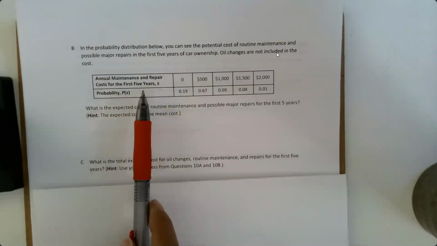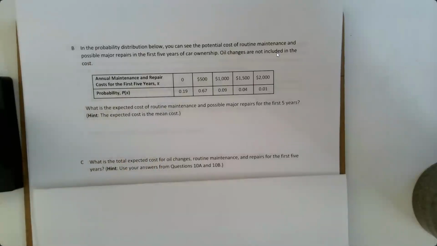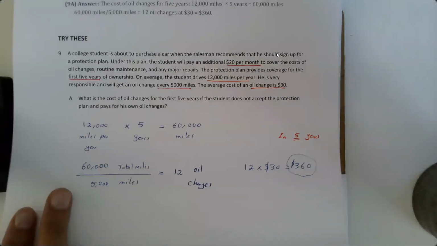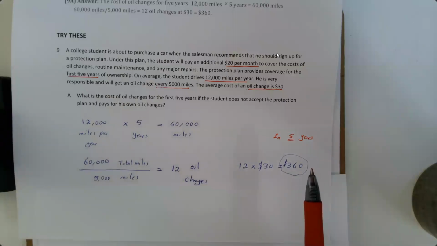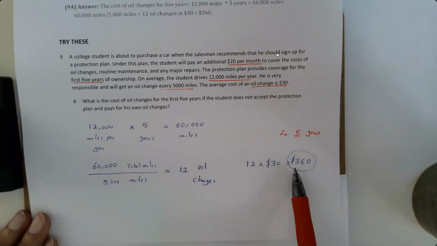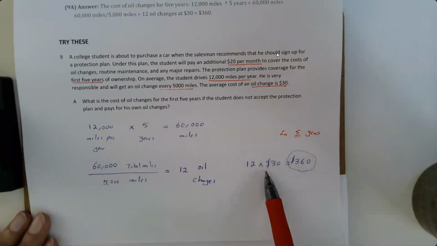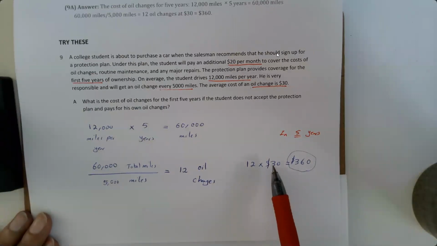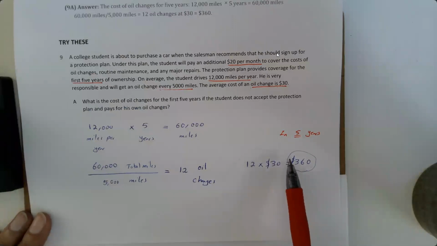You might say, hey, even though in the previous one we calculated that the oil changes cost is going to be $360 in 5 years, I might end up repairing my car, paying extra for maintenance, and so on.